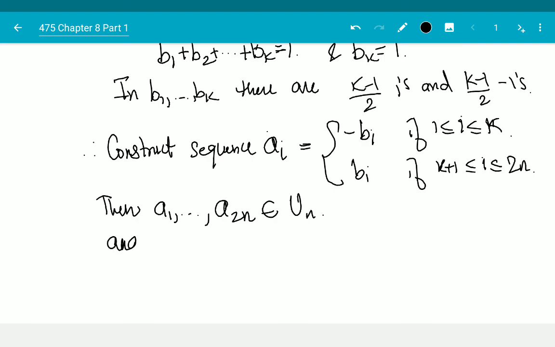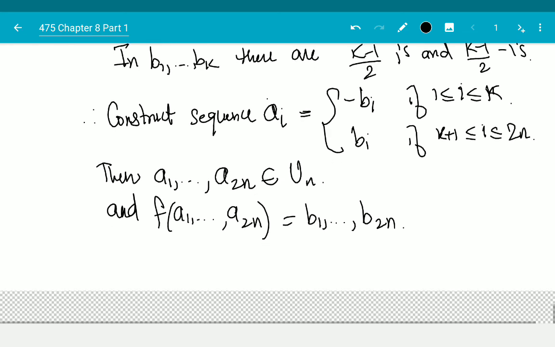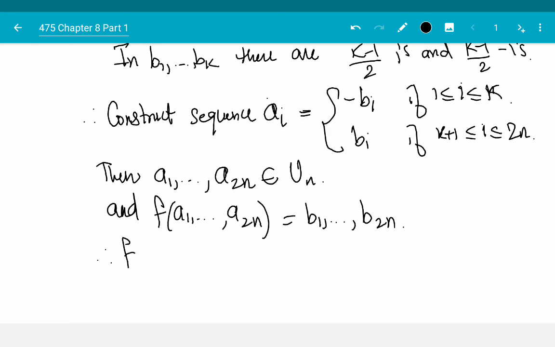And f of a1 through a_2n is equal to b1 through b_2n. Therefore, f is surjective. Therefore, f is bijective.